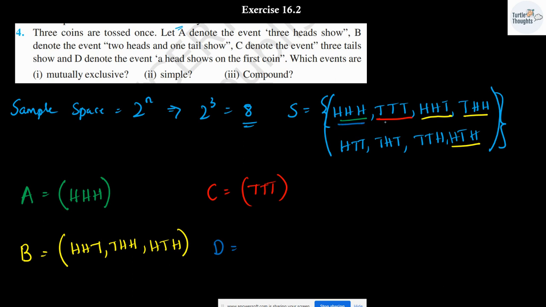So I can take this one, this one, this one, and this one. Four elements are there: HHH, HHT, HTH, HTT. I have written down the elements of events A, B, C, and D.